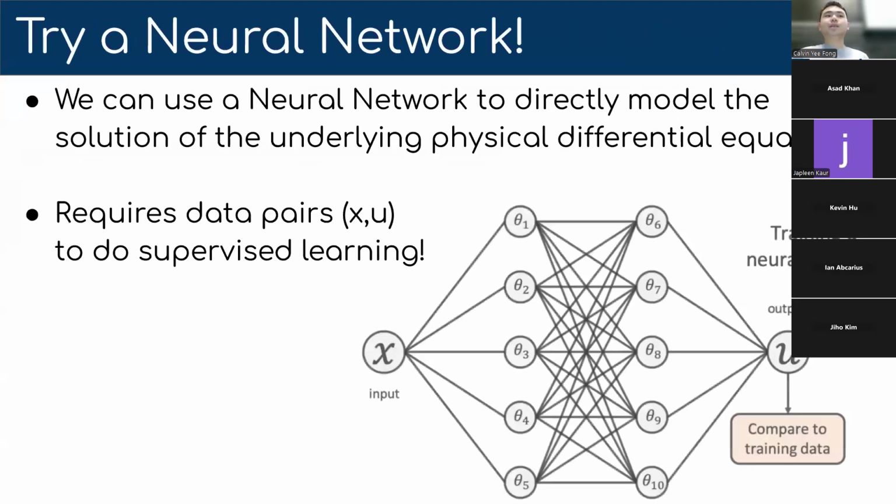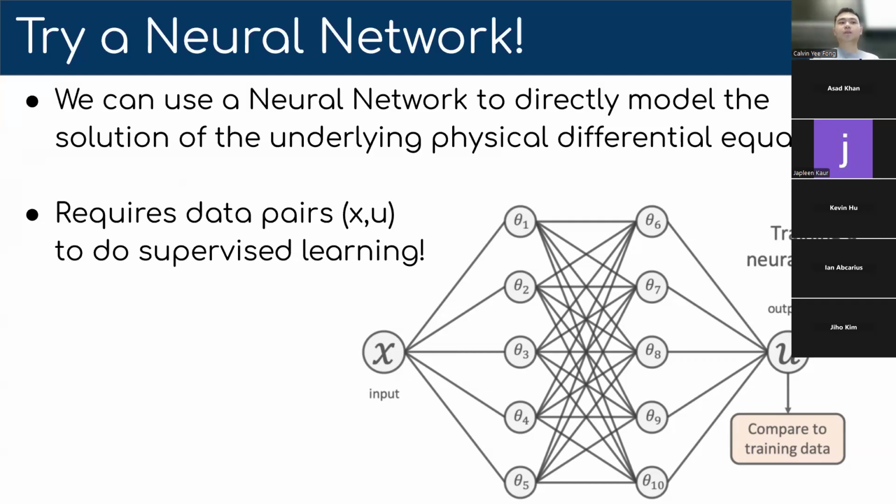But more specifically, we can try to use a neural network to model the solution of these underlying physical equations. To do this, we first have to collect some data pairs, like the inputs here and the unknown quantities. This could be the amplitude of the spring I talked about earlier, or the strength of the wave. This is required so we can do supervised learning on the neural networks.